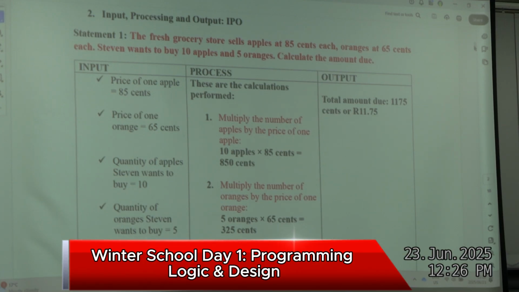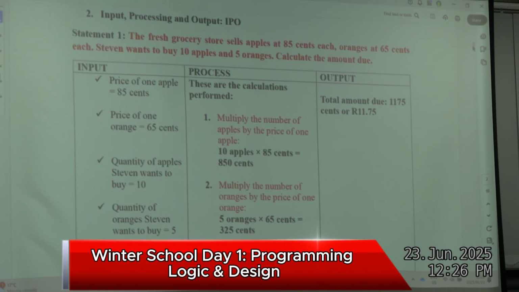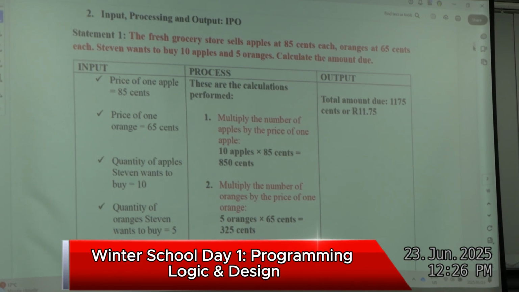These are the inputs. Any questions about input? Perfect. Now we move to processes.